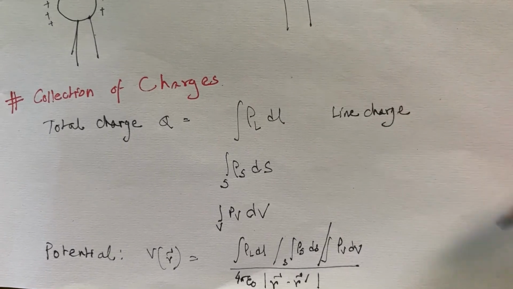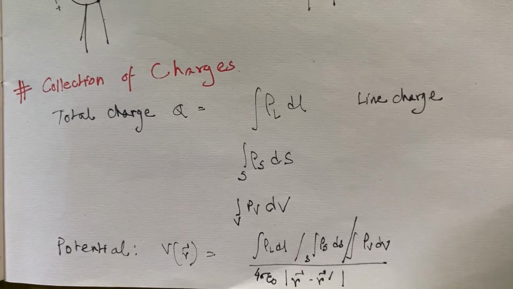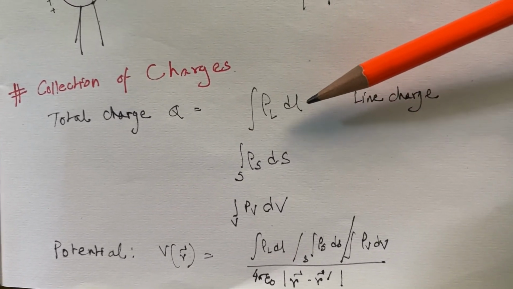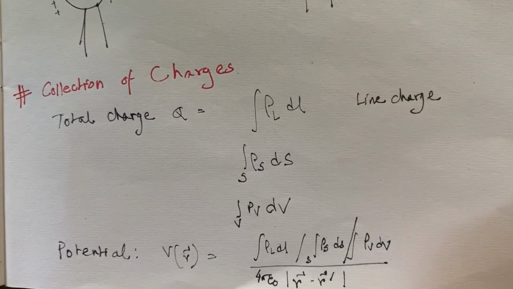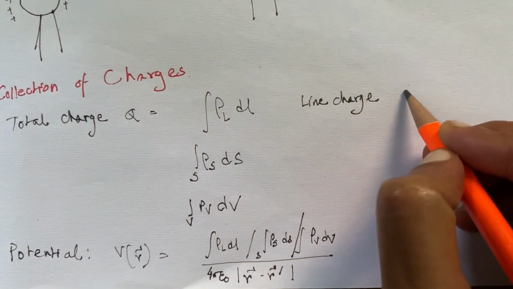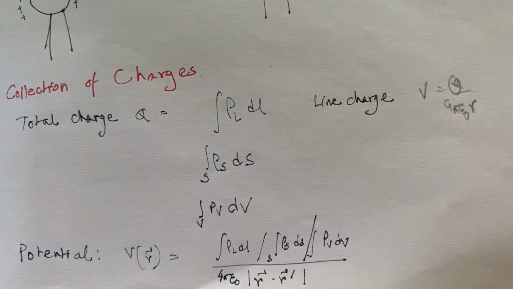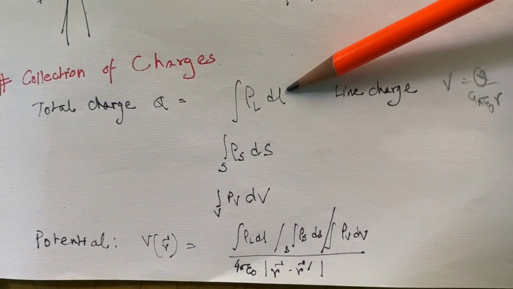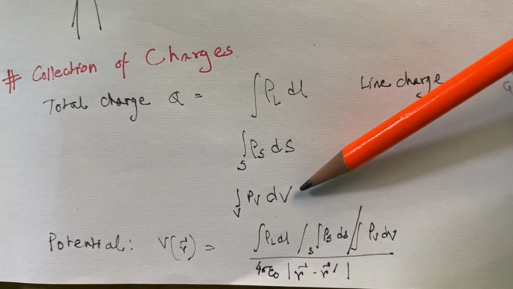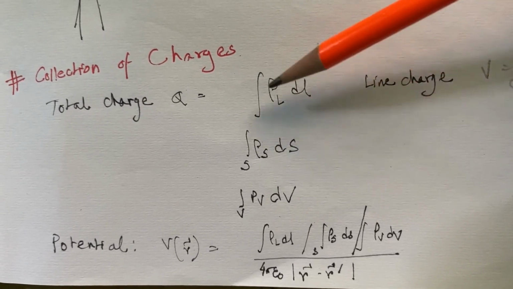When I have a collection of charges, an infinite amount of charges, so far we have discussed discrete charges, charges which we can separate. So if these are continuous charge distributions along a line, when we calculate the potential for a point charge, the potential formula was V equal to Q by 4 pi epsilon 0 R, and in place of Q, we need to substitute this for line charge, this for surface charge, this for volume charge, because as this is a continuous charge distribution, we cannot use summation, we have to use integration.